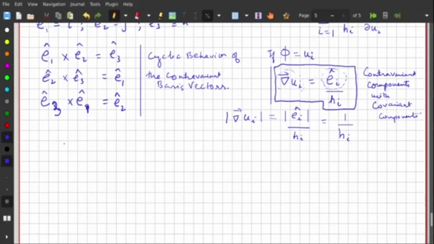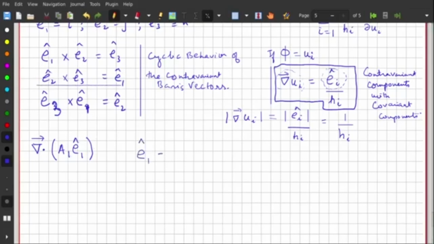Okay, so let's now write, what do we have? Let's say we want to write the divergence operator. So let's say we are writing the divergence of, say, A1 e1 vector. If you see this, let's say we use this middle expression. If we use this middle expression, we can write e1 as e2 cross product e3.